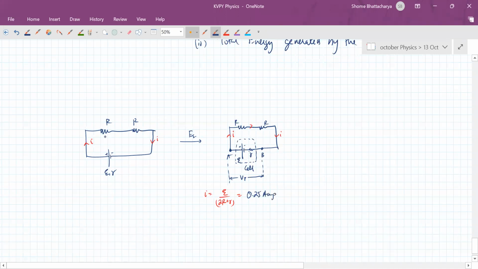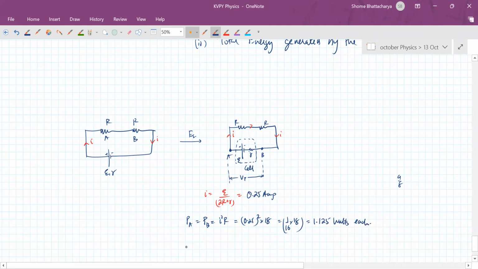So now you can see that this is resistor A, this is resistor B. The power consumed by resistor A will be equal to the power consumed by resistor B, which will be equal to I square R. So 0.25 whole square into, they were 18 ohms each, right? So that is 1 by 16 into 18. That is 9 by 8, 1.125 watts each.